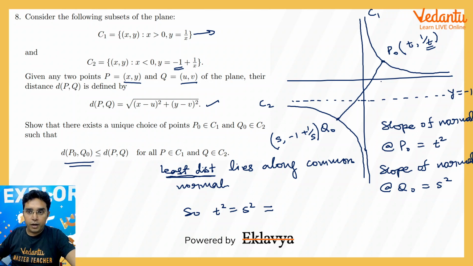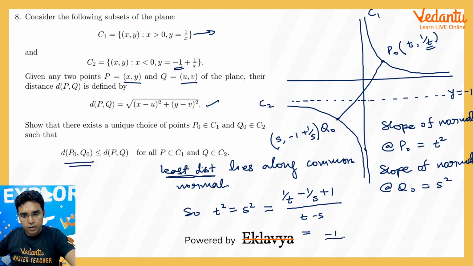and also this slope should be given by the slope joining 2 points. So it will be (1 upon t minus 1 upon s plus 1) whole divided by (t minus s). I can write the last term also as, I think, minus 1 upon t into s plus 1 upon t minus s.